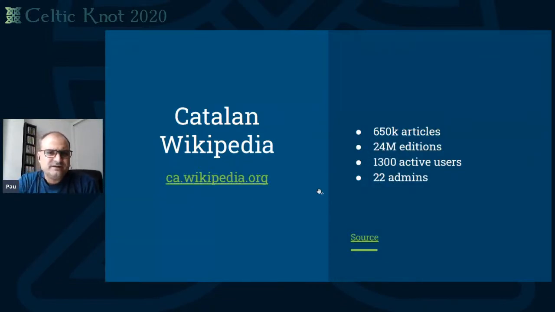So I will explain a little bit of where I come from. Catalan Wikipedia has 650,000 articles. It has 24 million editions. It has 1,300 active users, and it has 22 admins.